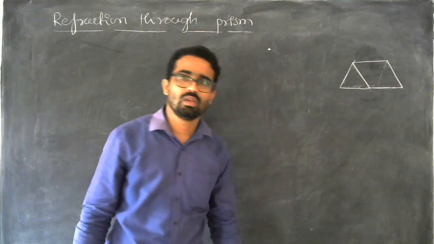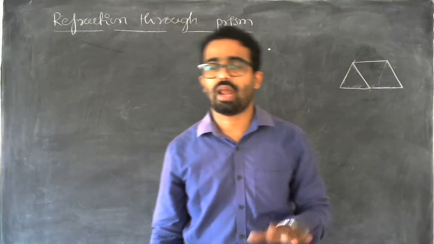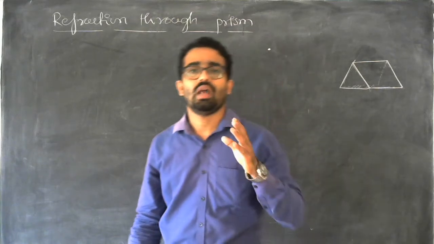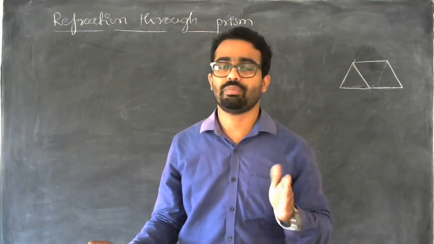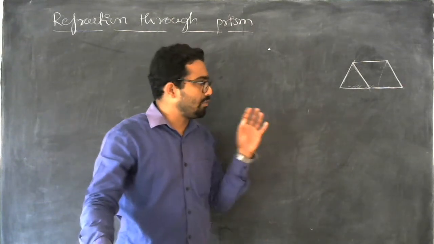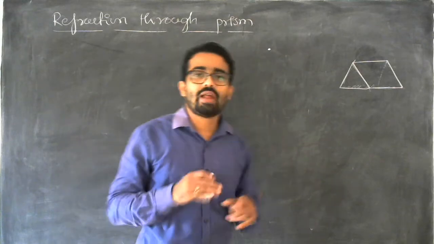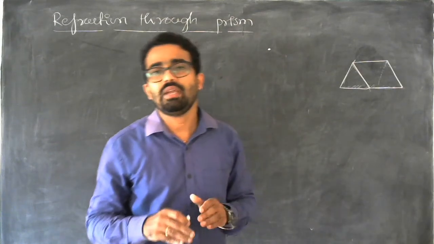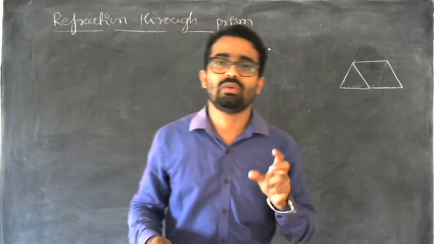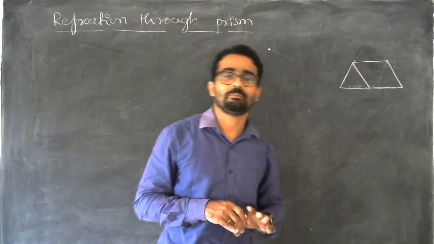a prism. So in that prism, we need to see the process of refraction. How does refraction take place through a prism? After seeing the refraction through the prism, can we define any equation to find the refractive index of this optical medium?